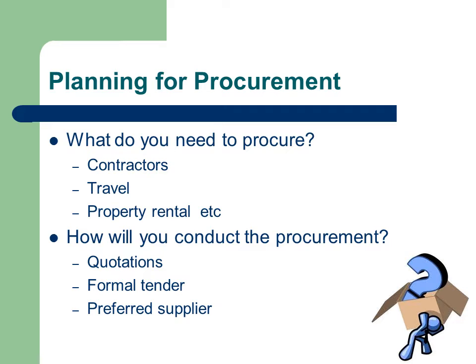This saves both time and money for the project. Procurement processes are expensive and take time, so it would be a waste of time and money to undertake a formal tender process for a small item worth a few $1,000s. Some organisations also have a centralised purchasing area that undertakes procurement on behalf of the project.